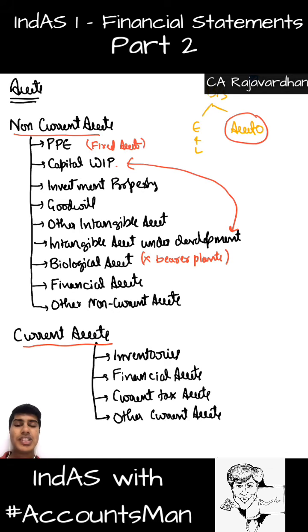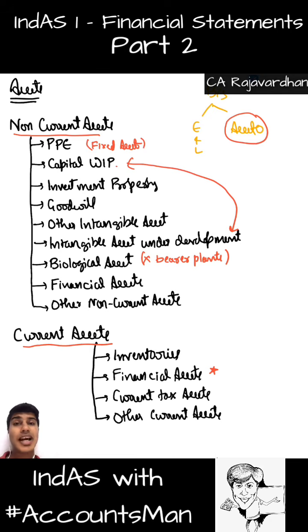And when you go to current assets, we'll have inventory, financial assets, current tax assets, and other current assets. So you might be wondering, few items which you read in Schedule 3 format as per accounting standards might have gone missing. They're all hidden in here. If your question is about trade receivables, investments, cash and cash equivalent, bank overdraft, everything is part of our financial assets. So cash and cash equivalent, bank, trade receivables, everything will be written in financial assets.